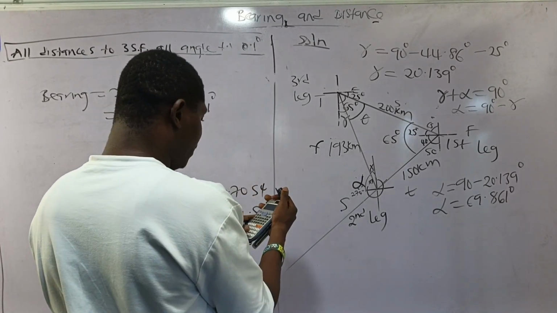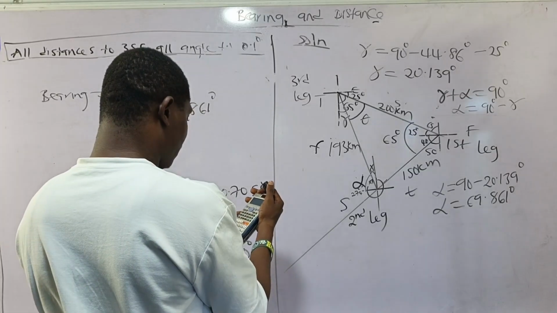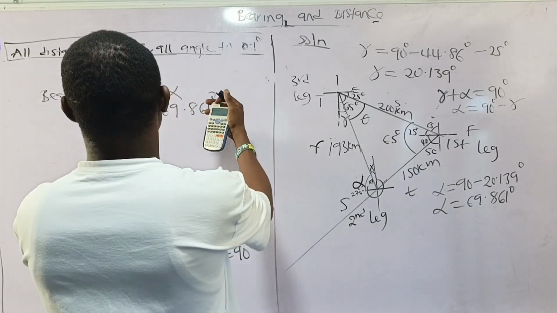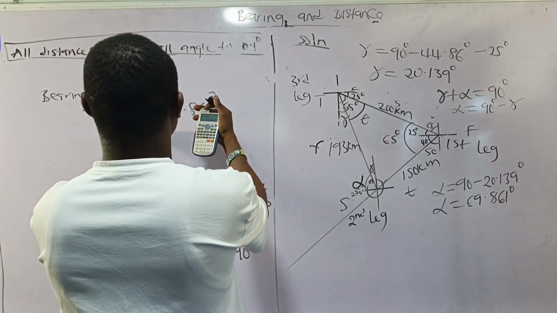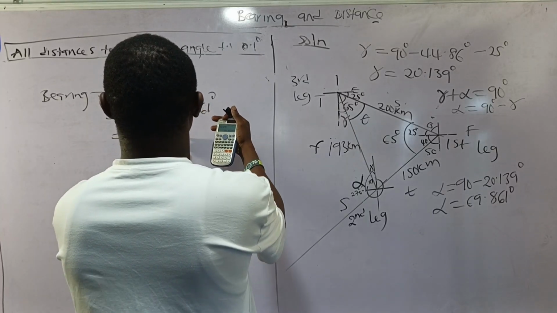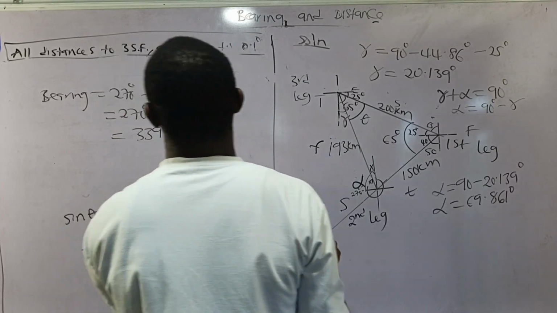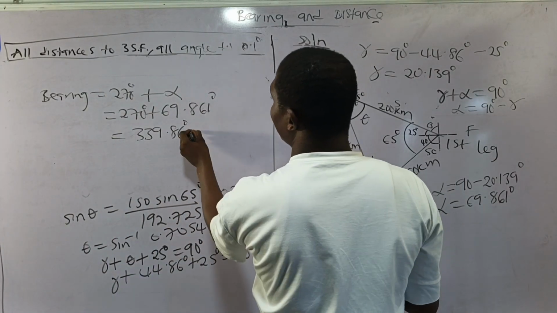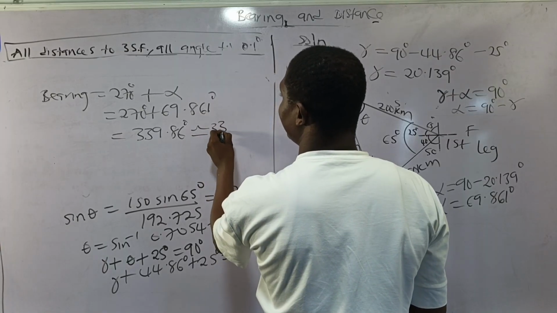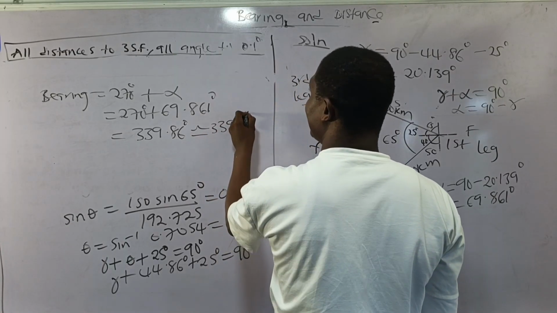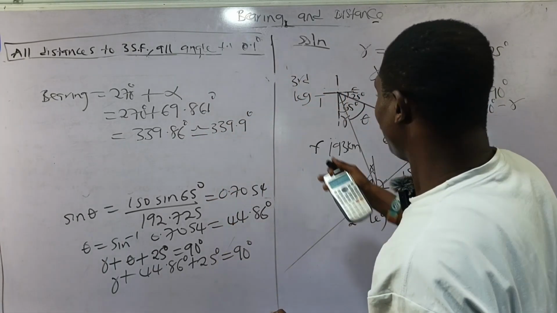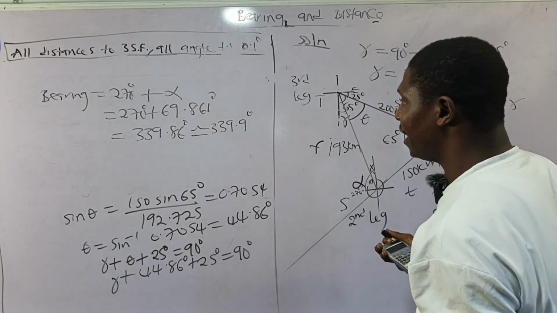So if I add 270 to this, I will have 339.86 degrees, which to the nearest 0.1 degree gives me 339.9 degrees. That's my answer.